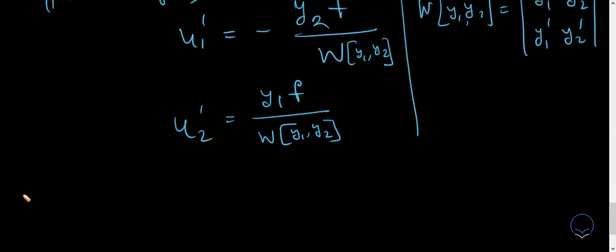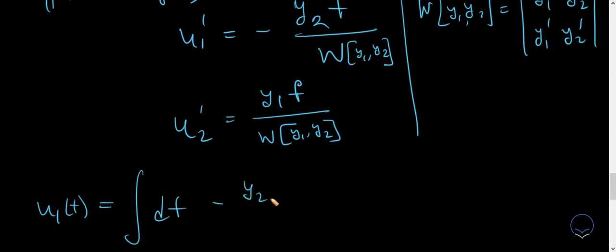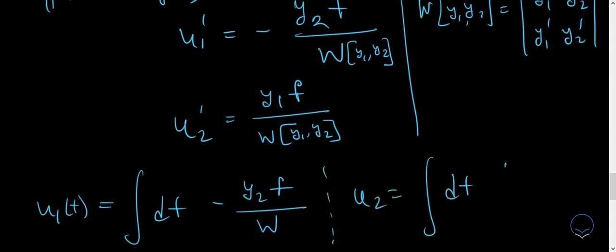So in principle we are done. If you want to solve for u1 of t, I'm mentioning the t explicitly here, and this is the derivative with respect to t, it's just the integral of minus y2 f by W dt, and u2 similarly is the integral of y1 f divided by W dt.